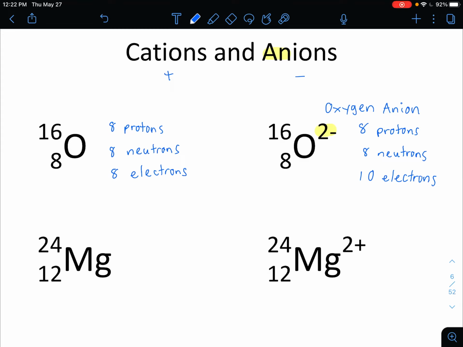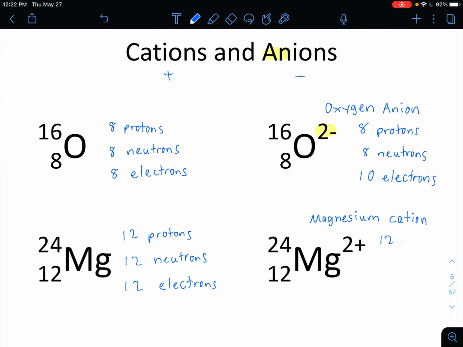Okay, so then let's do the same thing down below. So neutral magnesium, 12 protons, 12 neutrons, 12 electrons, again, because there's no indicator of charge. And then now we have the magnesium cation for the positive ion, and we can go through the same process here to see how we would assign the proton, neutron, electron count.